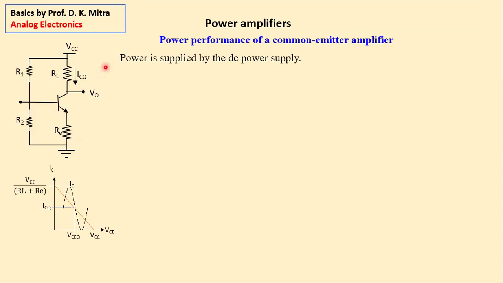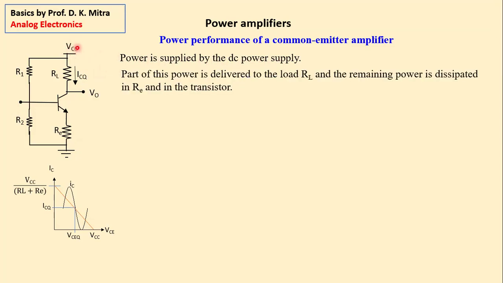First point. Power is supplied by the DC power supply, that means VCC. Part of this power is delivered to the load RL and the remaining power is dissipated in RE and in the transistor. So in this path, there are three items. RE, where power is dissipated, RE becomes hot.